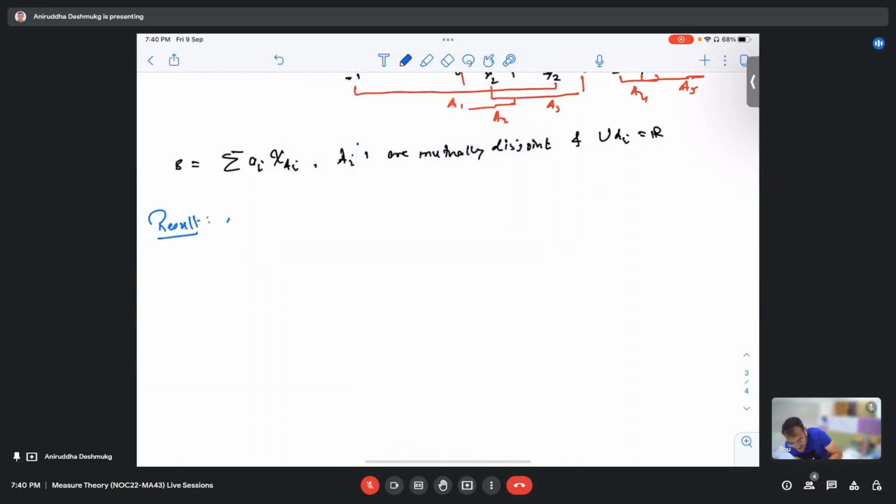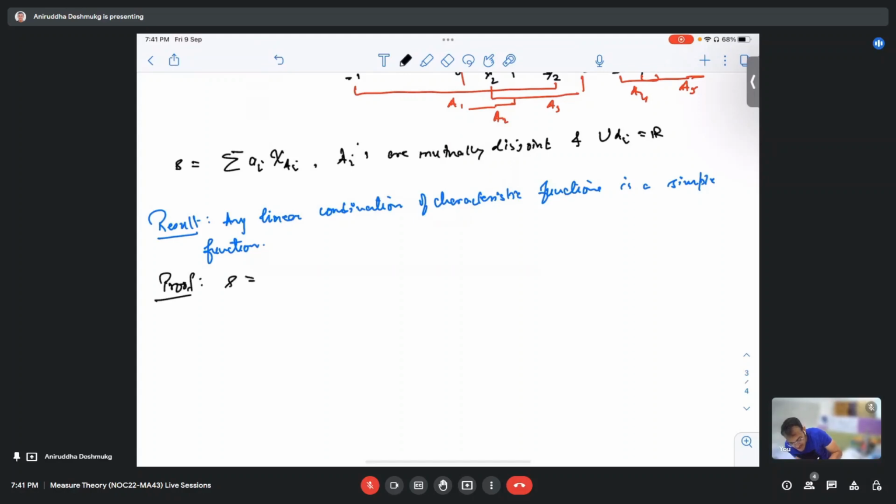The result which we want to prove is that any linear combination of characteristic functions is a simple function. So how do we prove it?